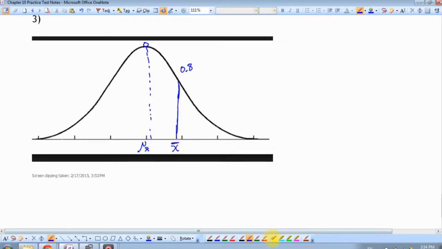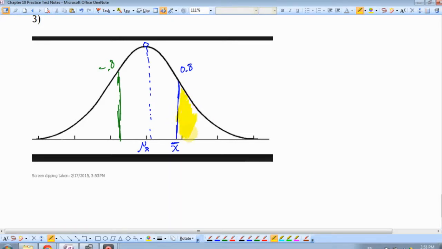So the p-value should be the area in that tail. So this is the p-value right here.